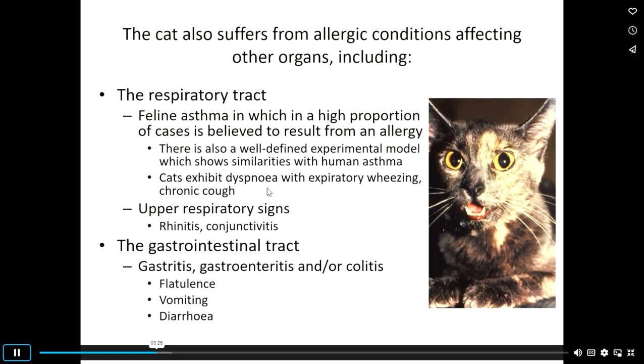Cats exhibit dyspnea with expiratory wheezing and chronic cough. They can manifest upper respiratory signs of rhinitis and conjunctivitis, and allergies can affect the gastrointestinal tract, leading to gastritis, gastroenteritis, and/or colitis, manifesting as flatulence, vomiting, or diarrhea.